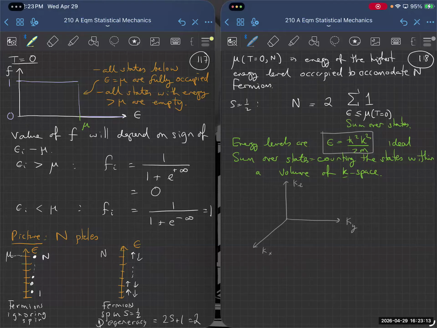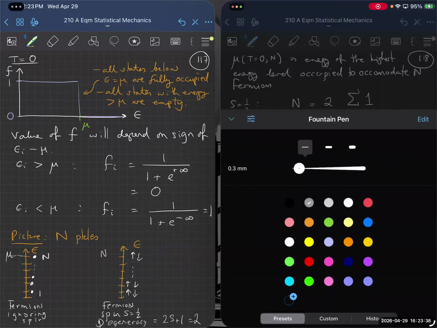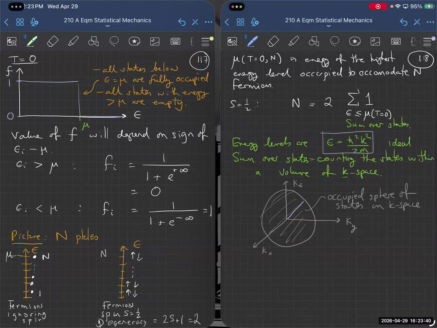So this picture of occupied states is going to be a sphere in K space, an occupied sphere of states in K space, and that sphere is going to have a particular radius.